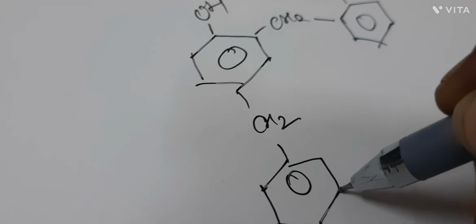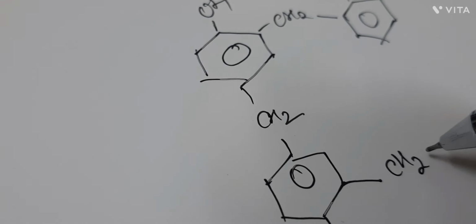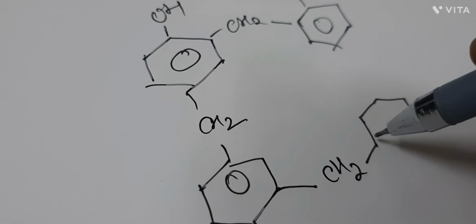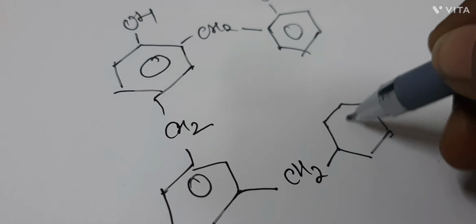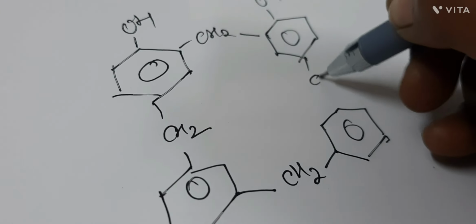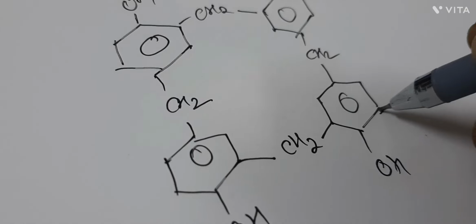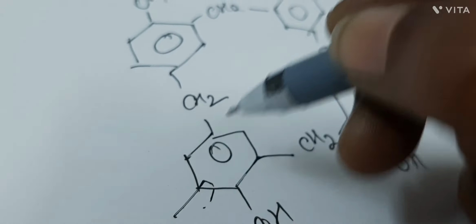I have written here as if 4 phenols combining. It's a 3D structure, so you can try more also. Okay, so 4 phenols are written, and in between phenols there will be a CH2 linkage. This is how you can write the bakelite structure.